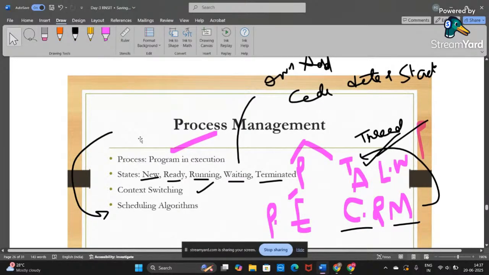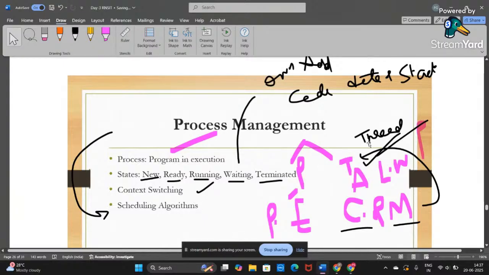I'll repeat it again. What is a process and what is a thread? A process is a program in execution. A thread is a lightweight process which shares code and memory with other threads.